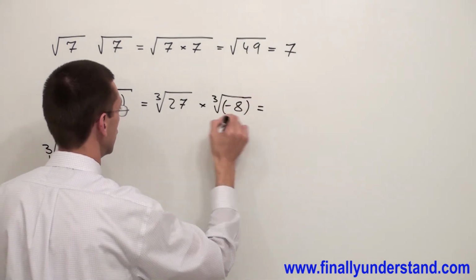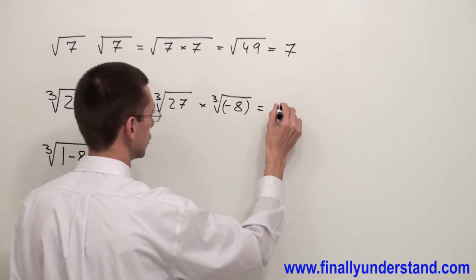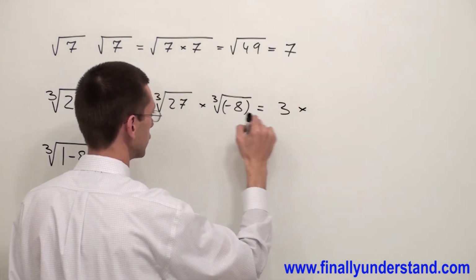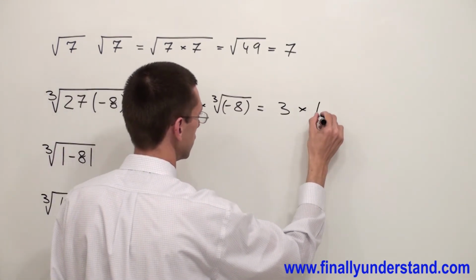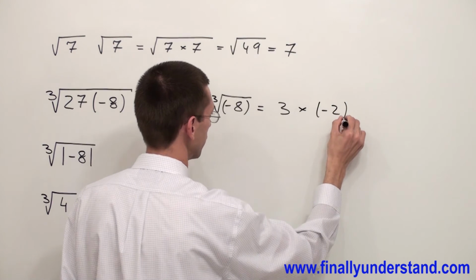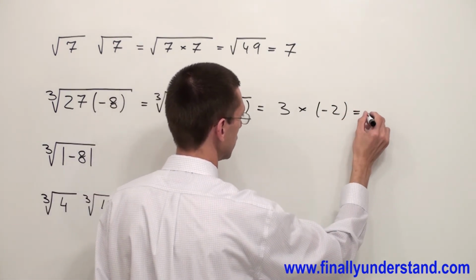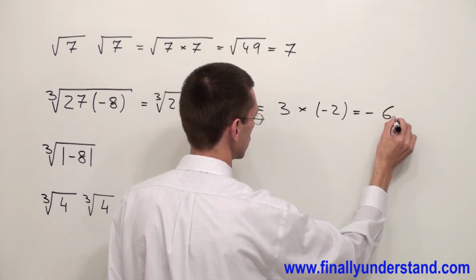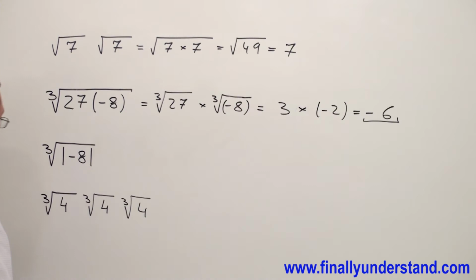Okay, cube root of 27 is 3 times cube root of negative 8 is negative 2. 3 times negative 2 is equal to negative 6. This is the solution to this problem.